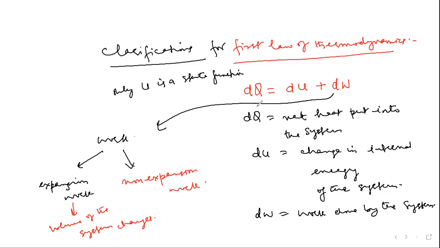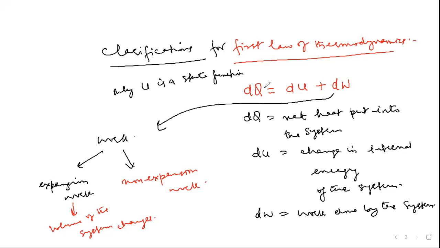Whenever you use first law of thermodynamics, you are applying it to some system. And when you write dq is equal to du plus dw, the assumption within this expression is that we are considering some closed system, not an isolated system.